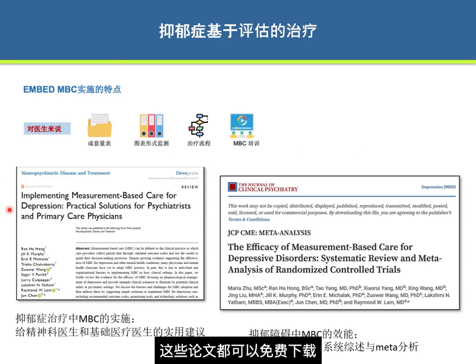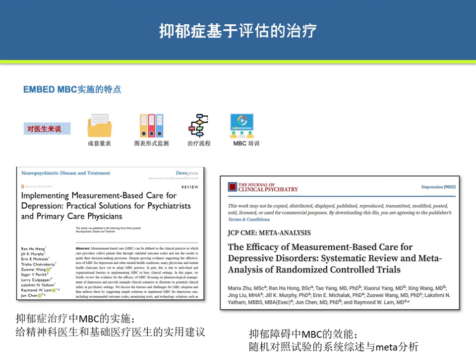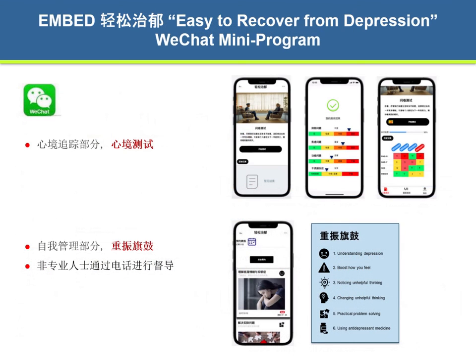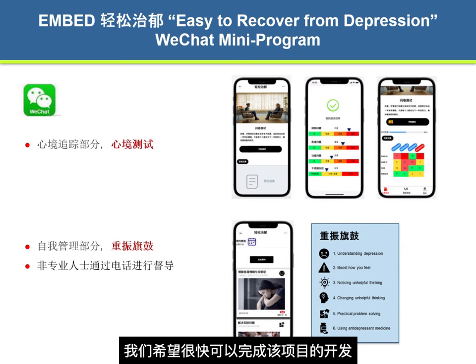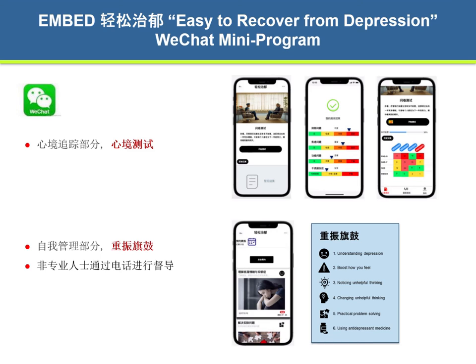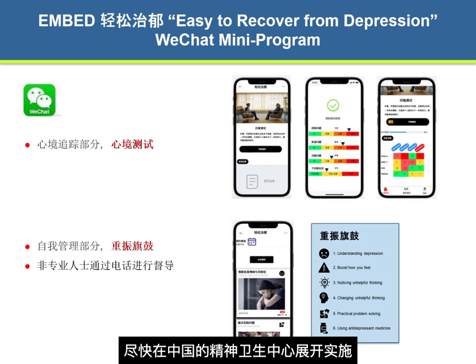And these are available for free download. We hope to finish development of this program very soon and to be able to offer it to the mental health centers in China.